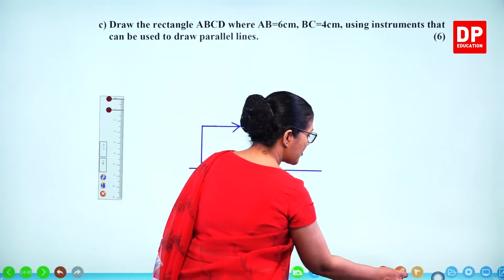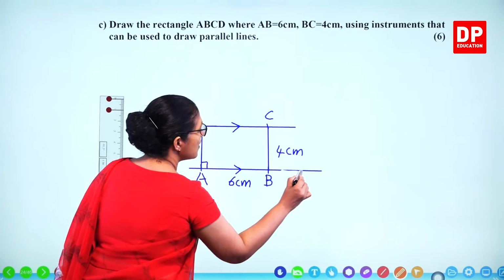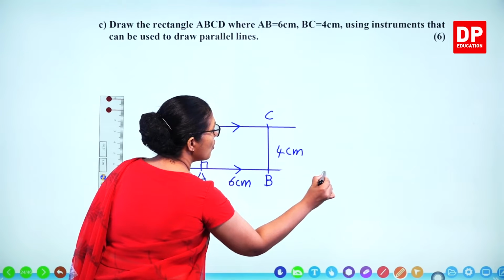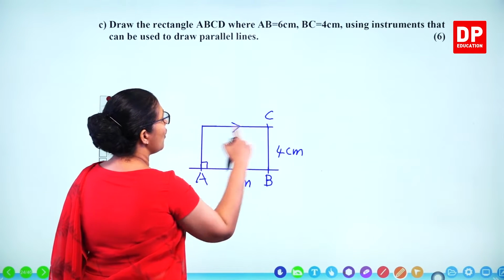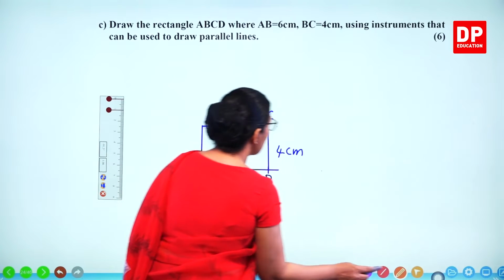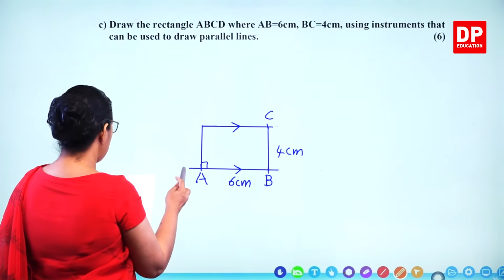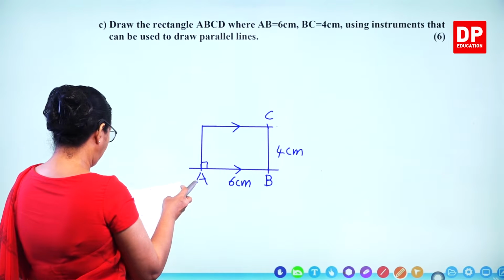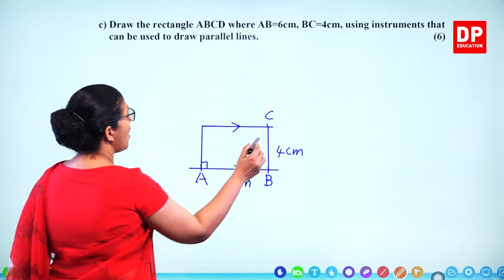And we can erase the extra lines. Yeah, this length is too long, so you can erase this. Not the other lines. So how many marks for this step? So you are getting 6 marks for that.